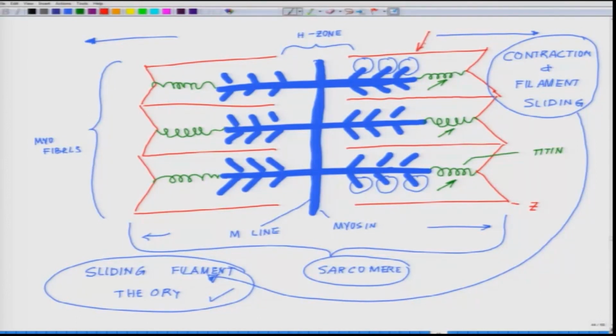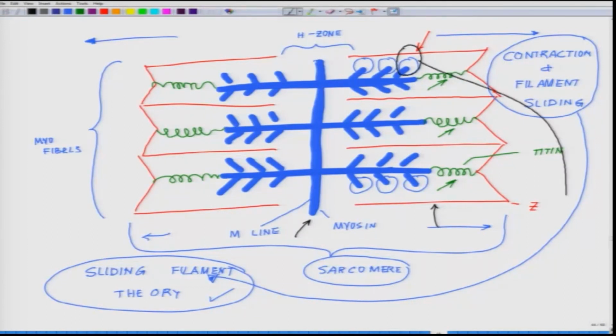So, let us start this class with a small recap of the organization of muscle, and after that we will come back to the molecular details of these individual structures. And I told you there is something very interesting out here.